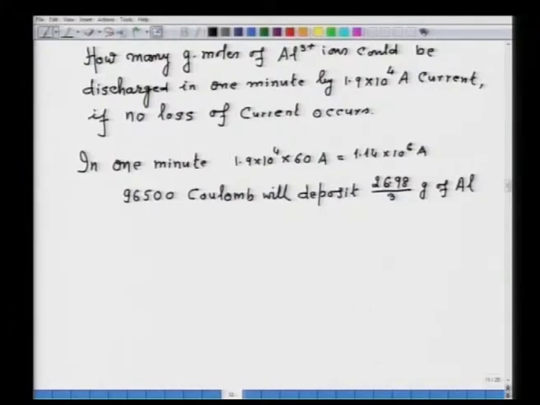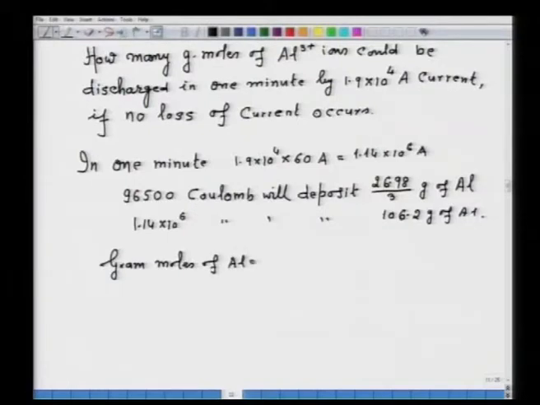That means, you can straight away say this 1.14 into 10 to the power 6 coulomb will deposit around 106.2 gram of aluminum, and gram moles of aluminum would be 106.2 divided by 26.98, and that will be equal to 3.8 gram moles. That is a very simple question.